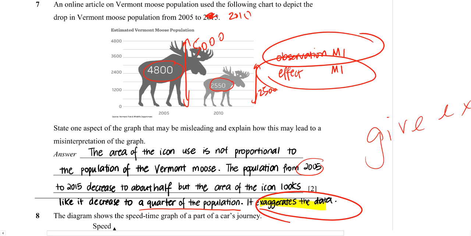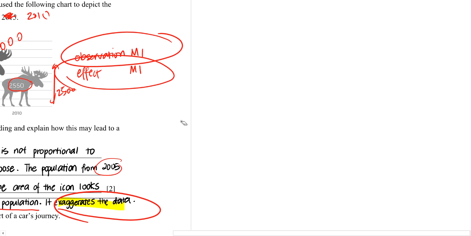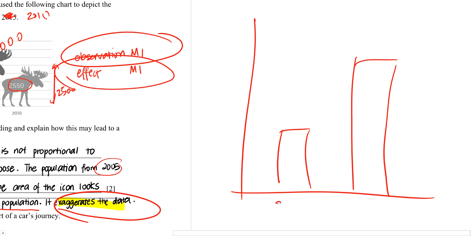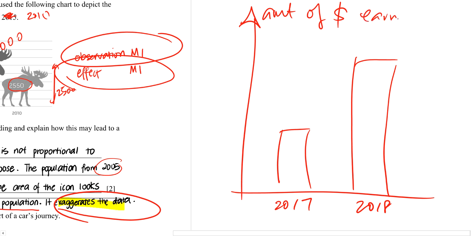When they give a bar graph, what can happen is, okay, do these look like half? Let's say this is 21.7, this is 21.8. Do they look like half? Half, right? Let's say these are the amount of money earned per year.